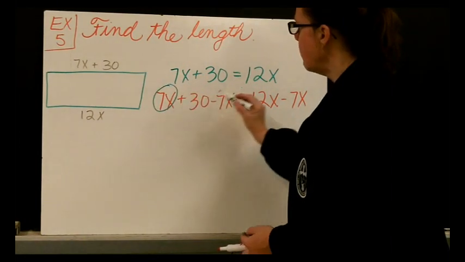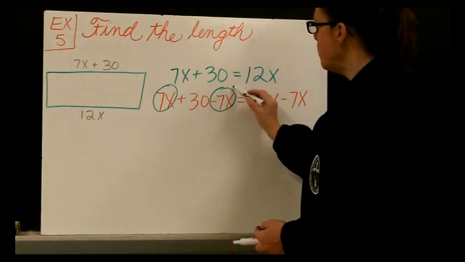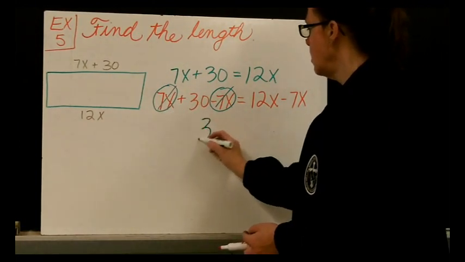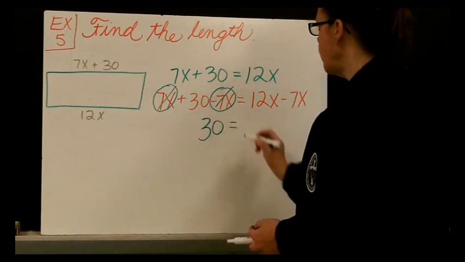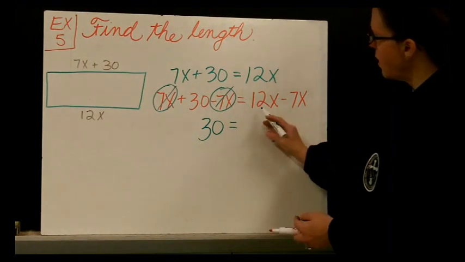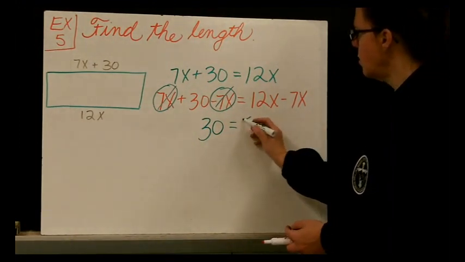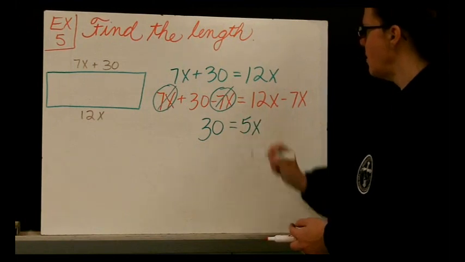This positive 7x and negative 7x cancel each other out. So we have a positive 30. Now our positive 12x and our negative 7x combined make a positive 5x.